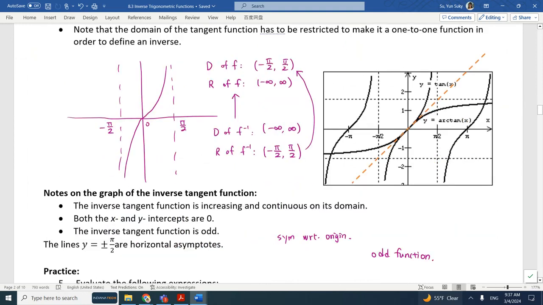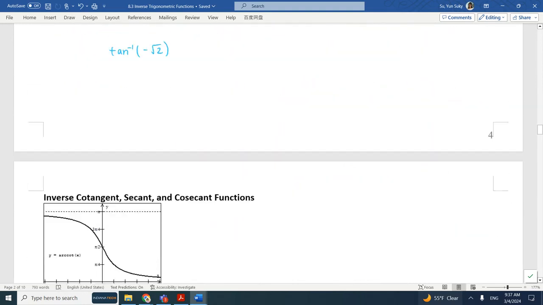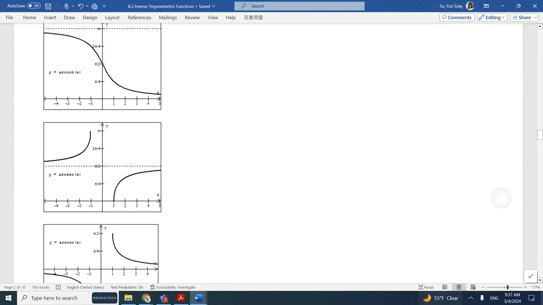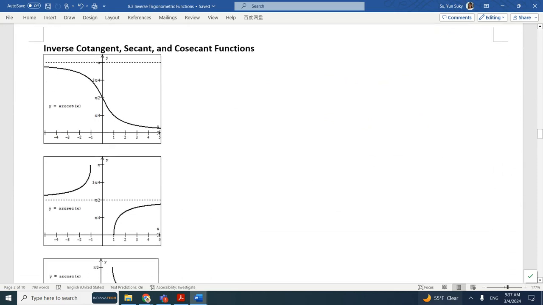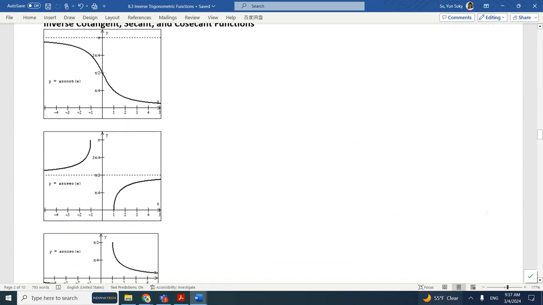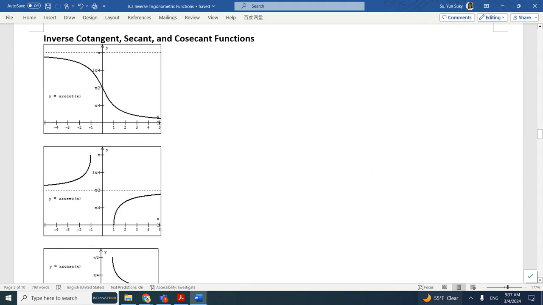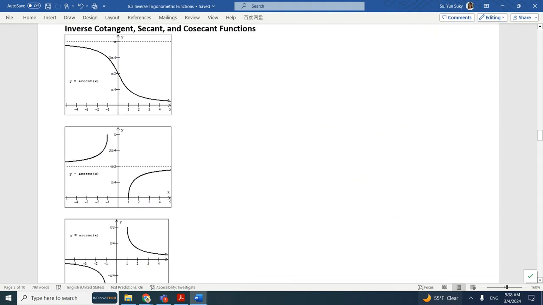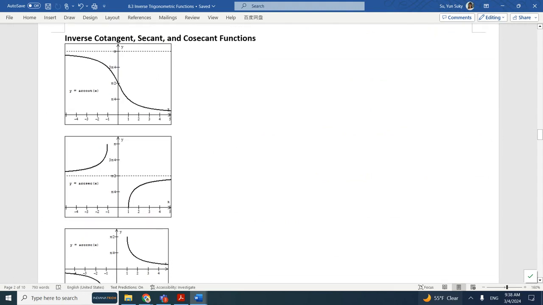Okay, so let's continue. We learned sine, cosine, and tangent, and the inverse functions of those three. And then the remaining ones, we have cotangent, inverse cotangent, inverse secant, and inverse cosecant.